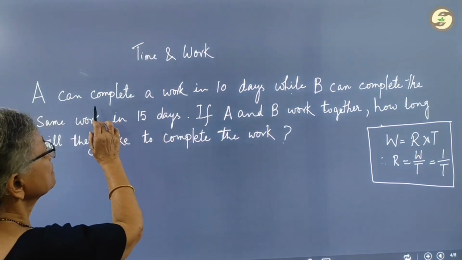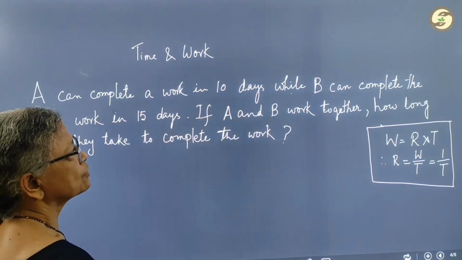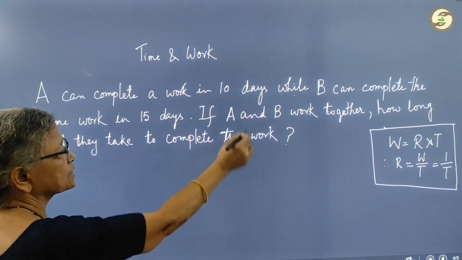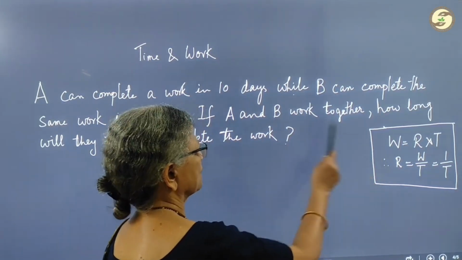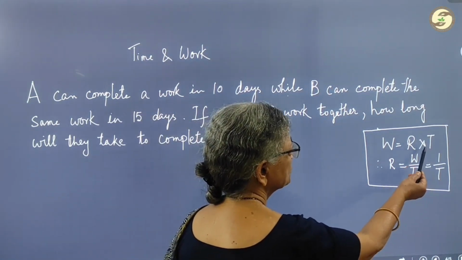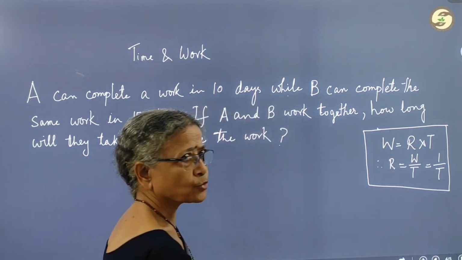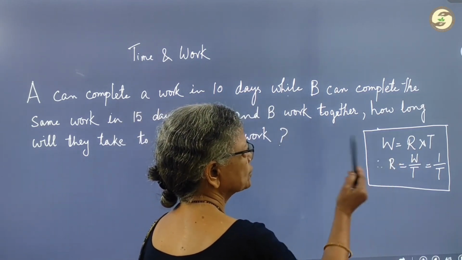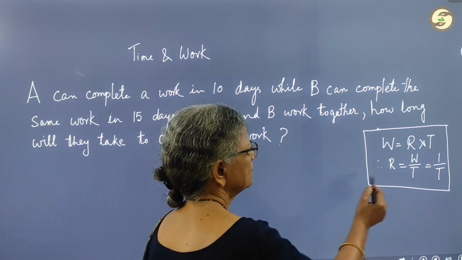So, what is the rate of work or efficiency of A? A takes 10 days to complete the work. So, total work done is their individual rate of work into total time required. And so, how to find the rate of work or efficiency of A?